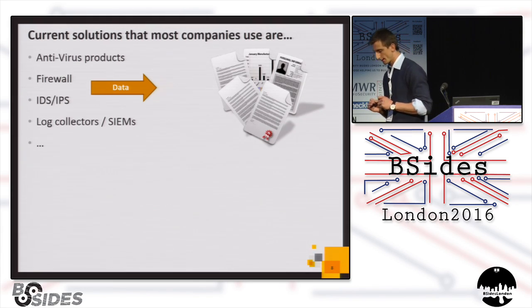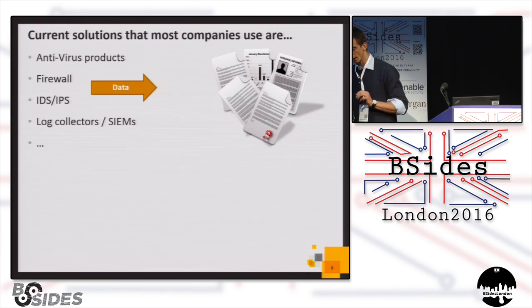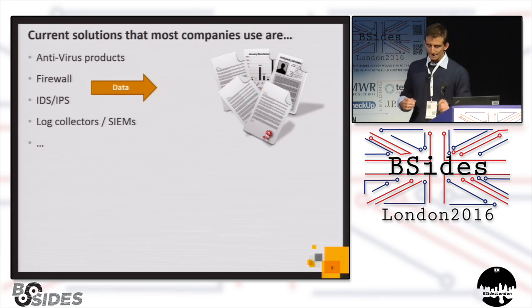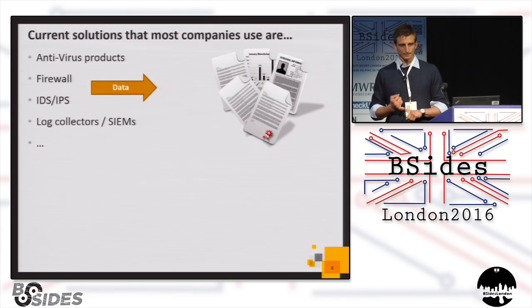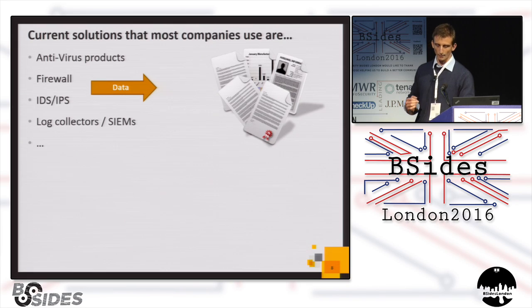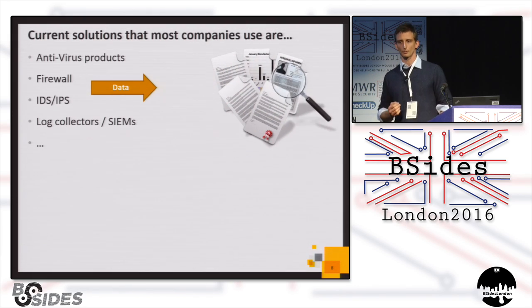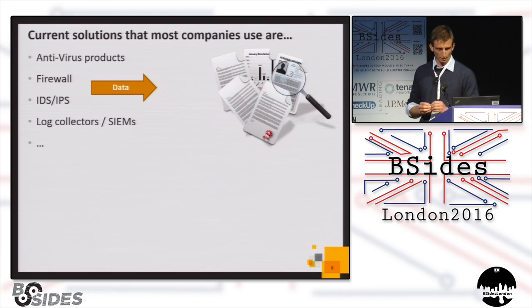We can create AV signatures. We can do everything we want with that. But let's suppose that we have our internal data, and we can also grab external data from external sources. If we can merge and link together the information, that's what threat intelligence is.